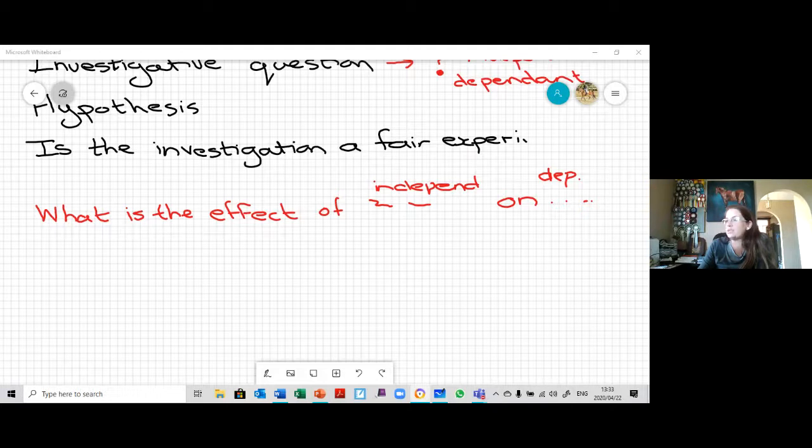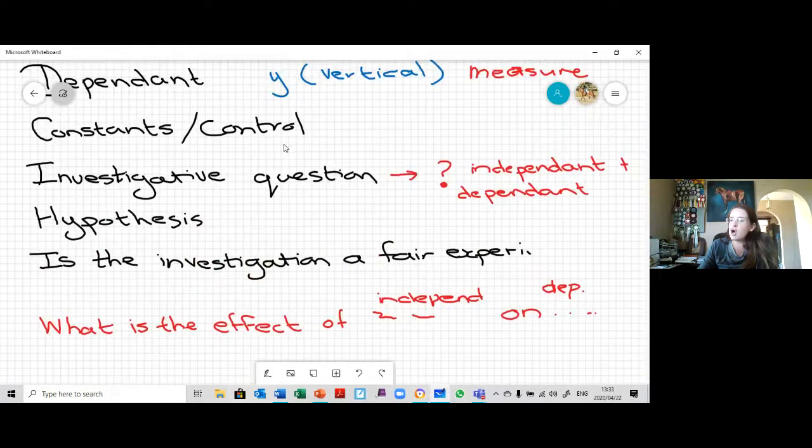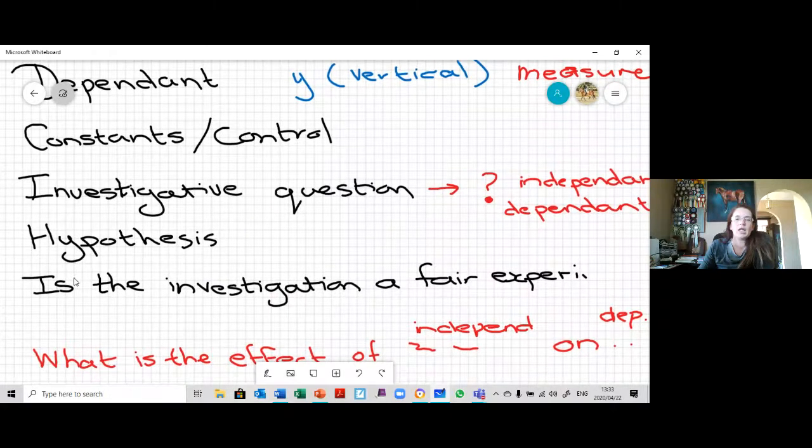They do pop up every now and again. Don't think you're not going to get it. And that brings me to the control and how the control and this question here links together. I've seen this being asked a few times. They ask, is this investigation a fair experiment? Yes or no? Explain your answer.